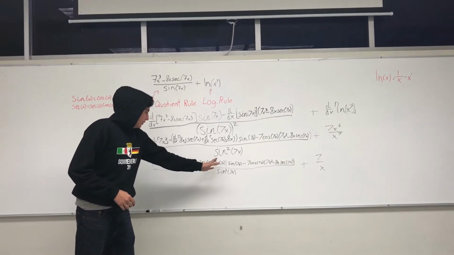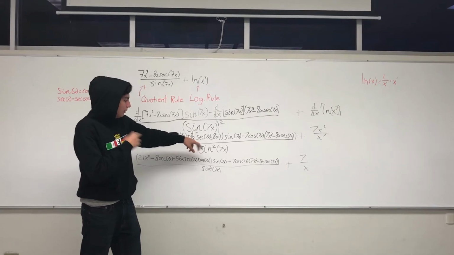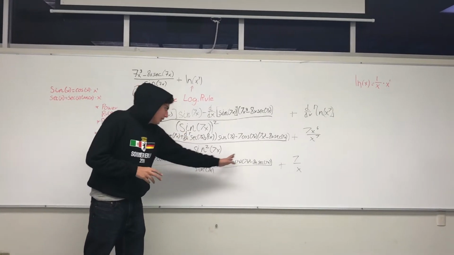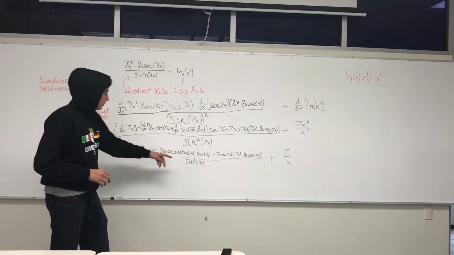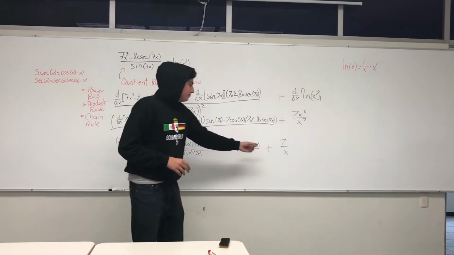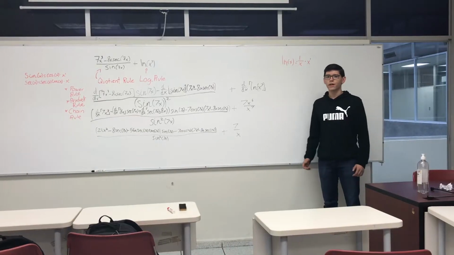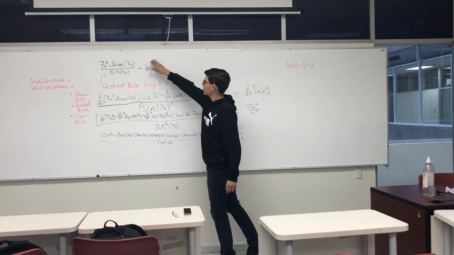And this is the result. In this part, we also subtract the other part that we already did. All of these divided by sin squared of 7x. And then plus the derivative of the last part. Now to finish our problem, we're going to solve the last part, which is the natural log of x to the 7th power.